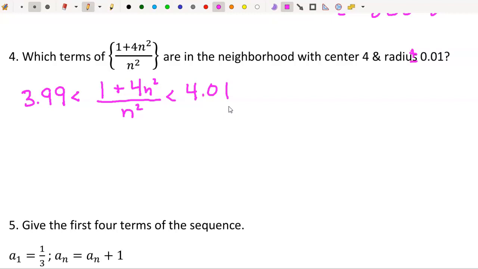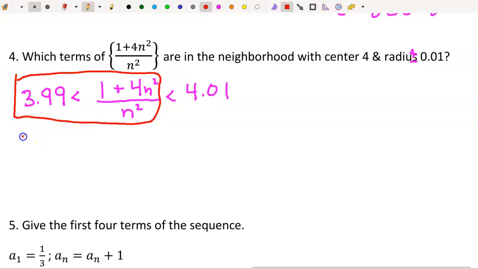Now I just need to solve each one of these separately. So let's do the first one here. Solve that. So we have 3.99. I'll just rewrite this. And we can start by multiplying both sides by n squared, which can effectively just move that right here.